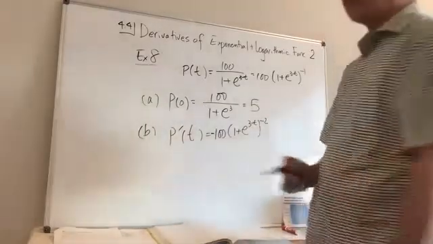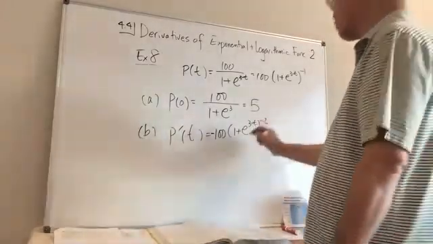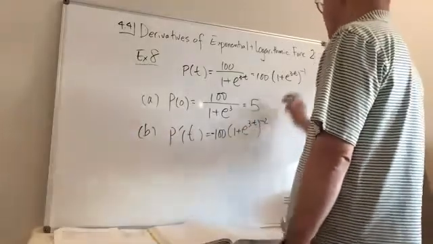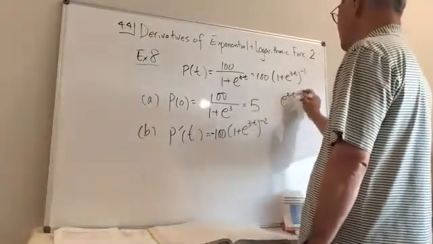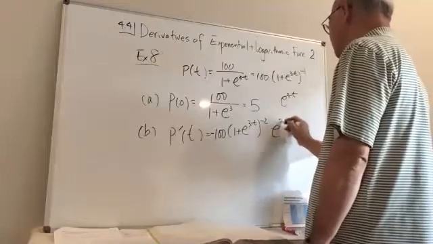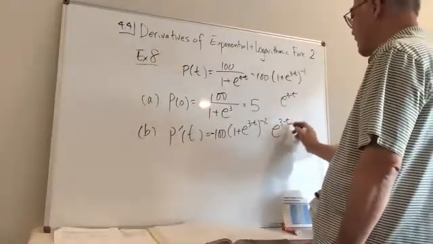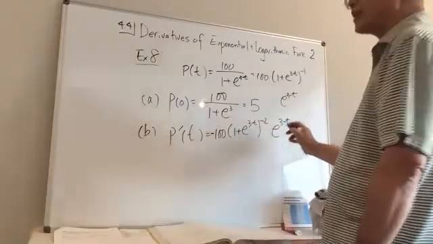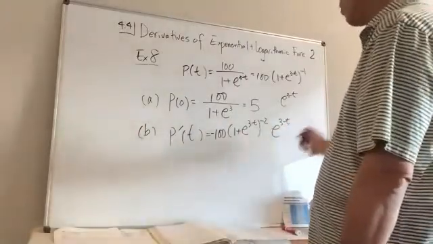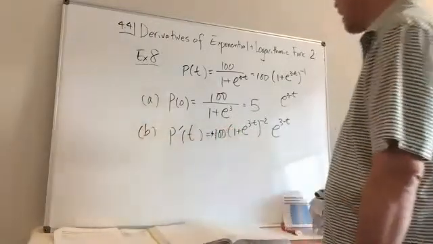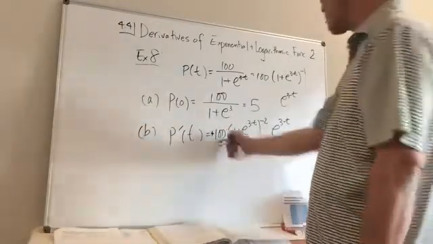That's the power rule. Now I have to take the derivative of the inside: the derivative of e to the 3 minus t is e to the 3 minus t, then the derivative of 3 minus t is minus 1, and that minus 1 is going to cancel out with the other minus. Okay, so this is what I'm going to get.